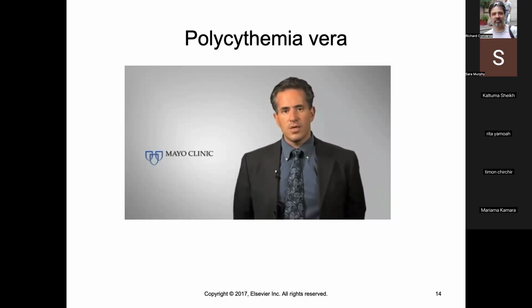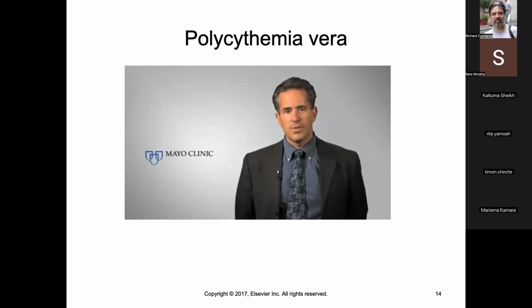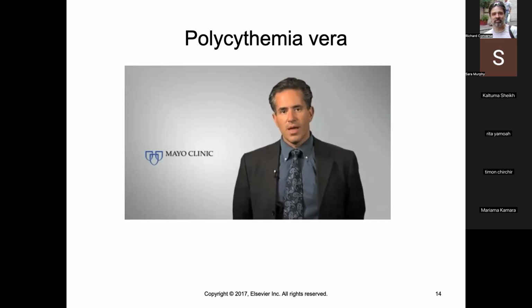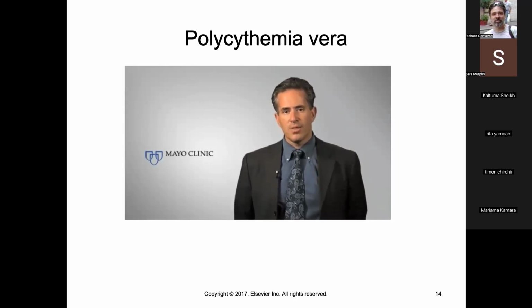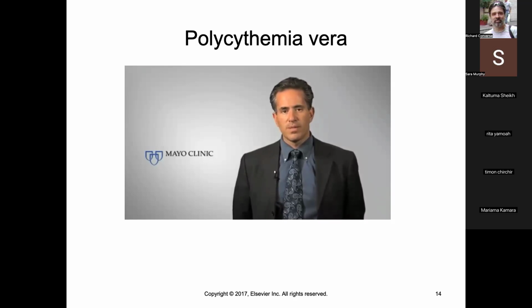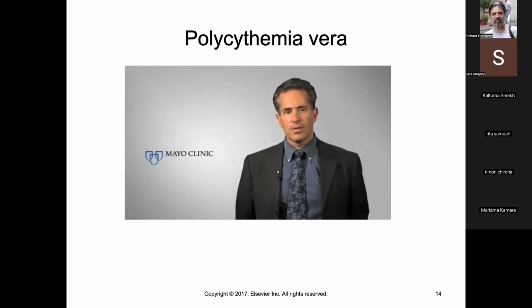That change in the genes is a mutation in a protein that we call the JAK2 mutation. The JAK2 is one of a series of on-off switches in our cells that control when our cells grow and divide. And you can think that in polycythemia vera, this on-off switch is stuck in the on position, and it's causing your cells to continue to grow, whether that be your red blood cells or the other cells.